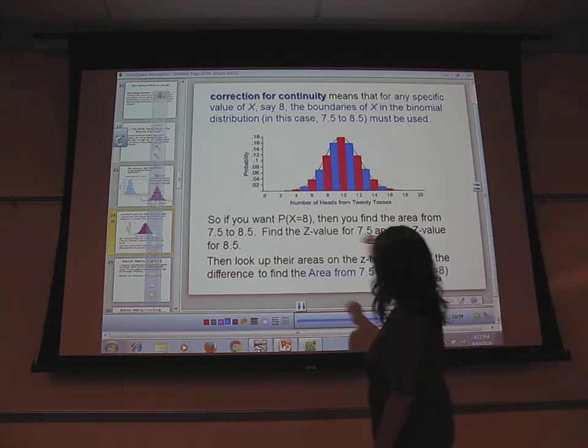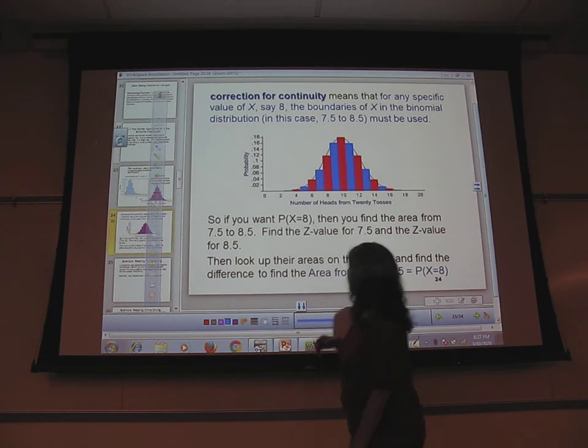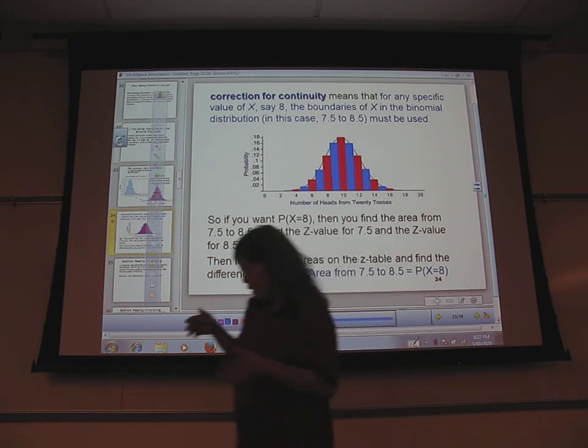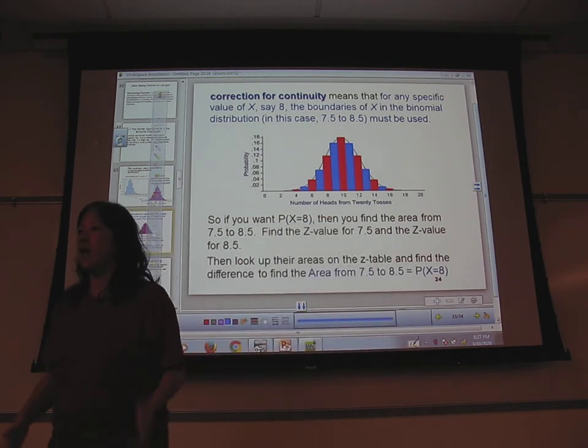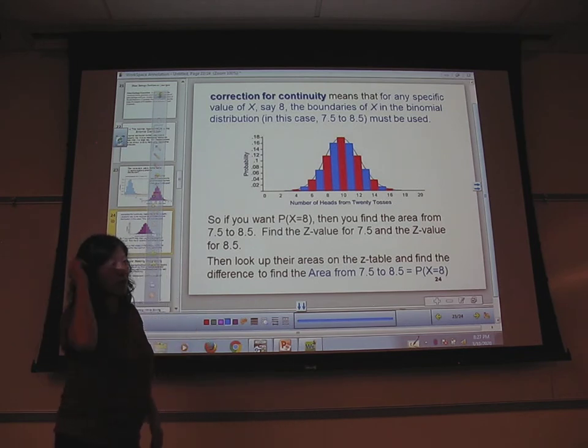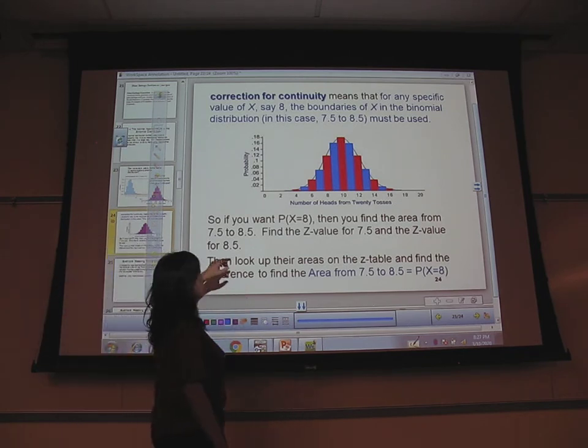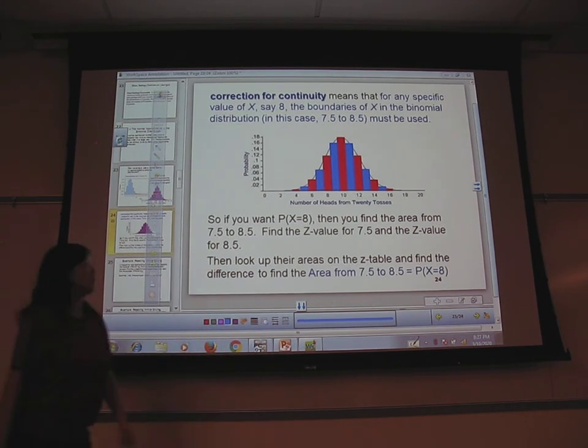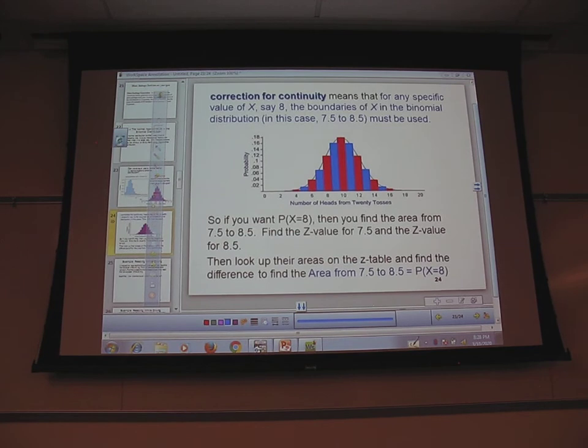So here we have to remember that 8 really means from 7.5 to 8.5. So if I want to find the probability of someone having 8 successes, then using the normal distribution, I would find the area from 7.5 to 8.5. So that's kind of what we would do with that. Here's an example.